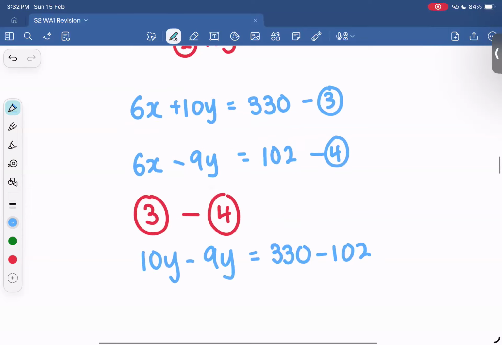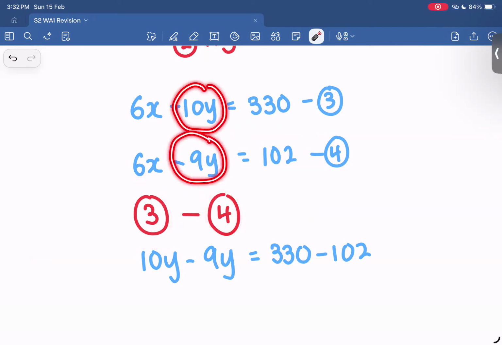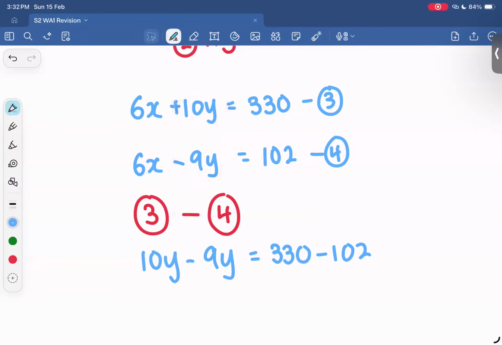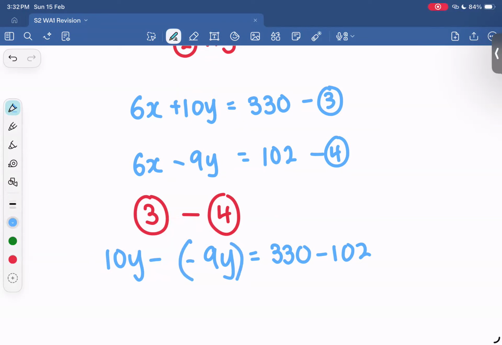So let's see over here. Why is this wrong? Because guys, remember, I said we take 3 minus 4. So when I take 3 minus 4, it means I take 10y minus negative 9y. So it shouldn't be just one minus sign here. It should be minus negative 9y like that.